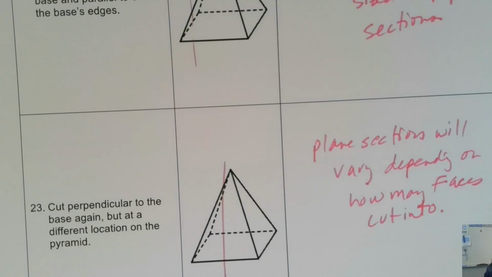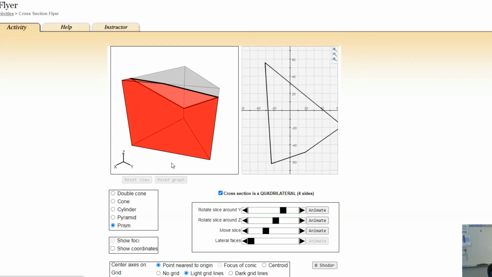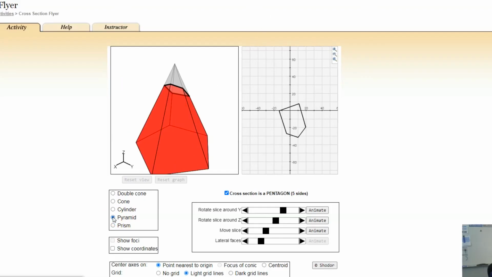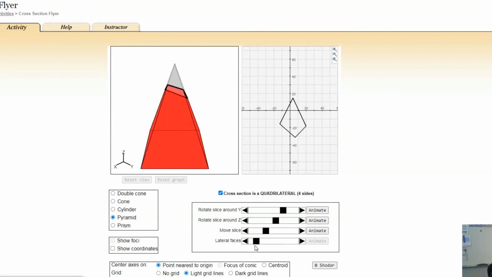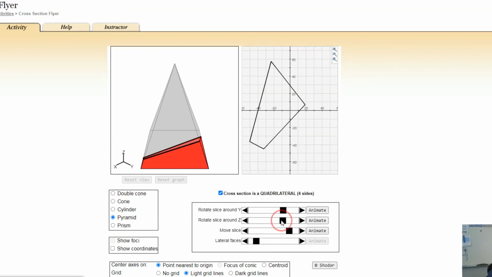So let's take a look at the interactive. Make a pyramid here. Let's click on pyramid and get down to a square one right here. Let's try to be as horizontal as we can be. I'm a little tilted. It should be square, shouldn't it?